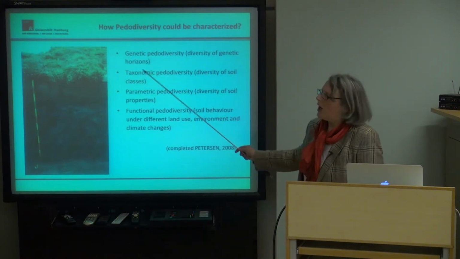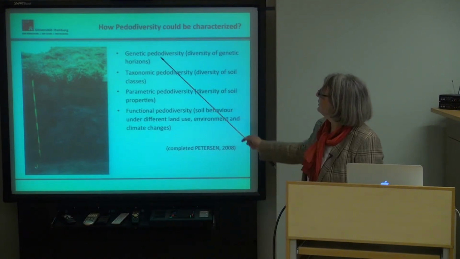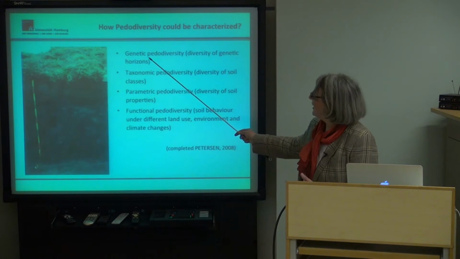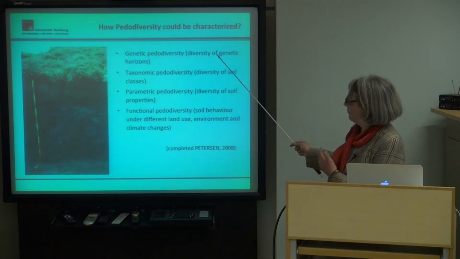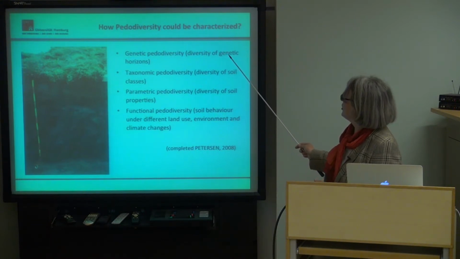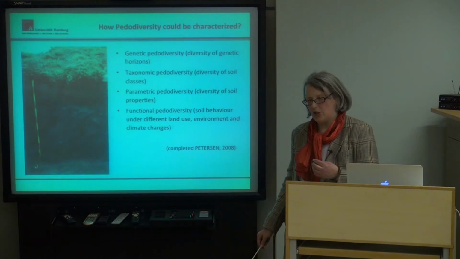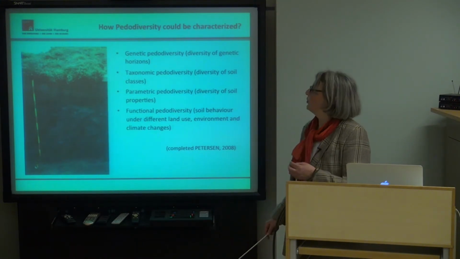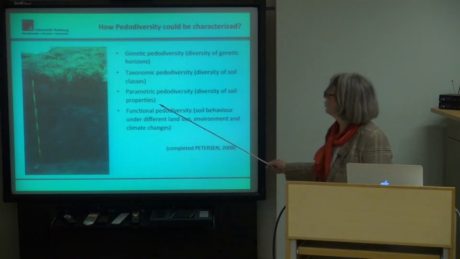We were thinking about what structure we can use for describing pedodiversity. We can use genetic pedodiversity, which is based on the differences in genetic horizons. In this case, the German classification for soils is very close to the Russian one. We learned a lot from you, especially from Dokuchaev.